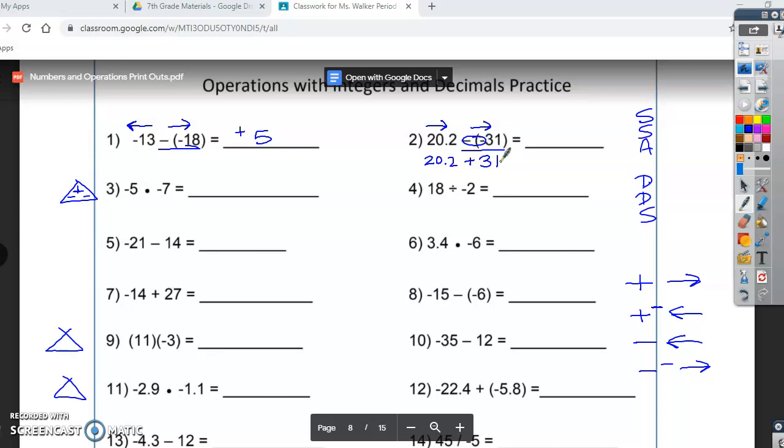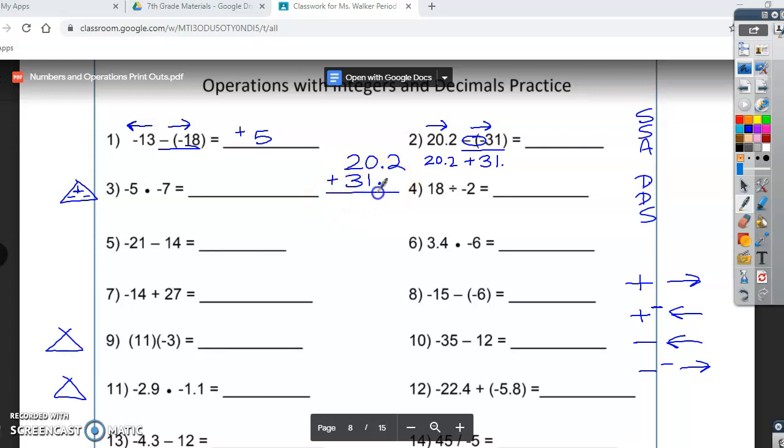This one won't. So when I go to solve this, I'm going to see that these are going in the same direction. So same, sum, add. It's appearing that I'm adding these. When I add, I want to make sure I line up my decimals. Right here, I do not see a decimal, so I'm going to just put one in, and I'm going to line them up. 20 and 2/10 plus 31, and there's my decimal.